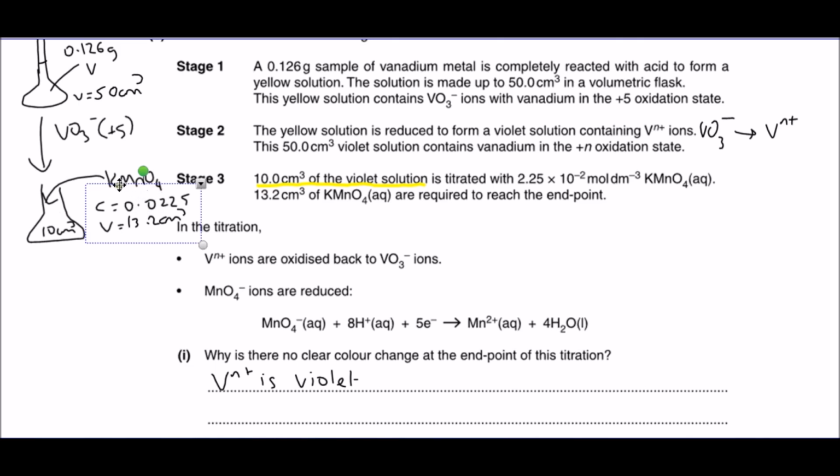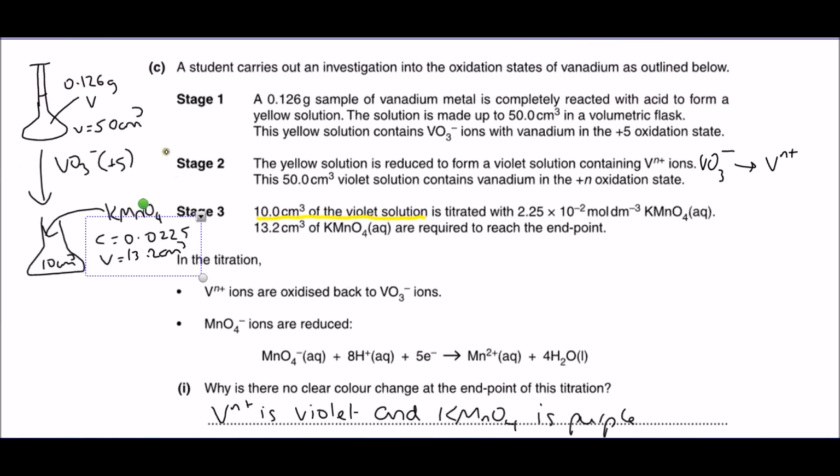You should all know by now that the colour of manganate ions is purple. So we're adding a purple liquid to a violet solution. So that's definitely not going to be a clear endpoint. Vn+ is violet and KMnO4, potassium permanganate, is purple. Don't need to say any more than that because that's fairly clear. Violet to purple is not going to be a clear colour change.